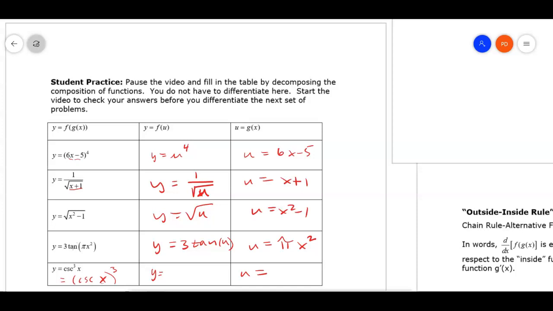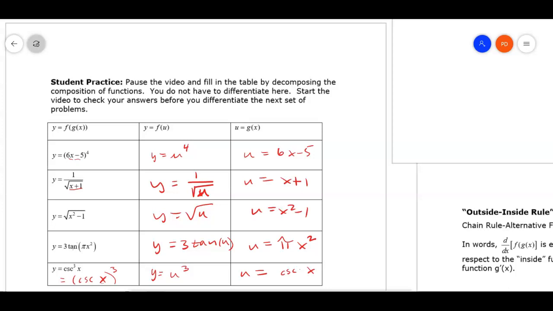Because now I can see that cosecant of x is my inner function. And what I'm doing to cosecant of x is I'm cubing it. So hopefully, I know dealing with trig functions, you're not quite as comfortable with those yet, but you really need to be able to understand them. You're taking the tangent of something, you're taking the cosecant of something. And in this case, in the bottom, then you're cubing that.